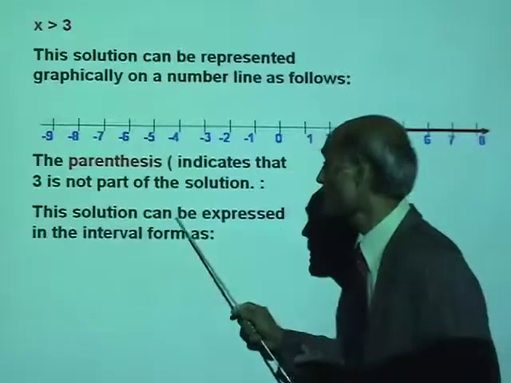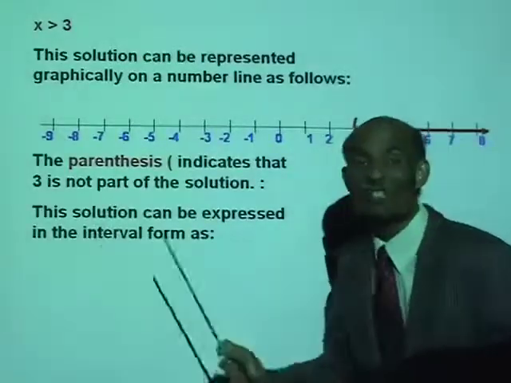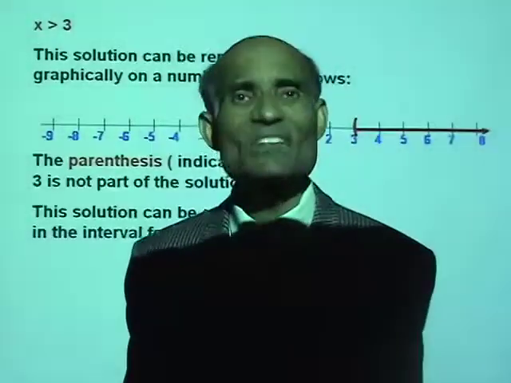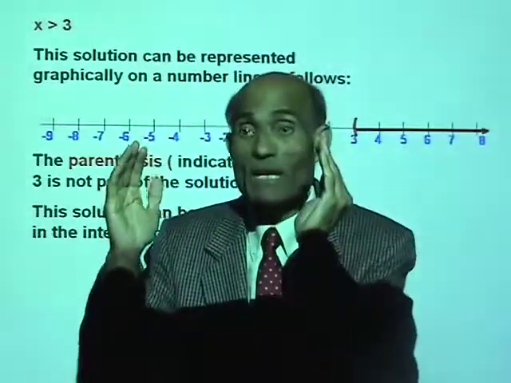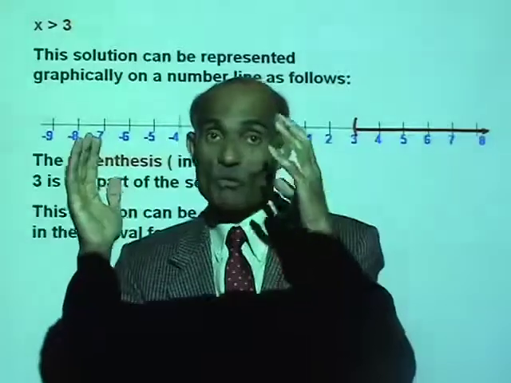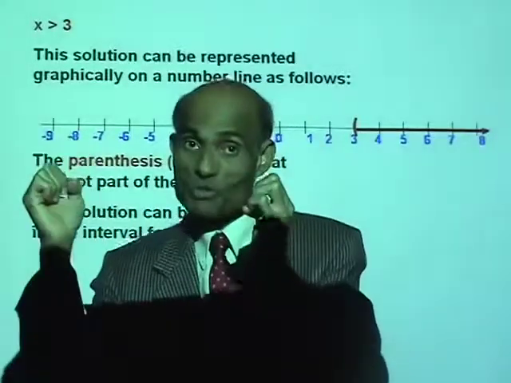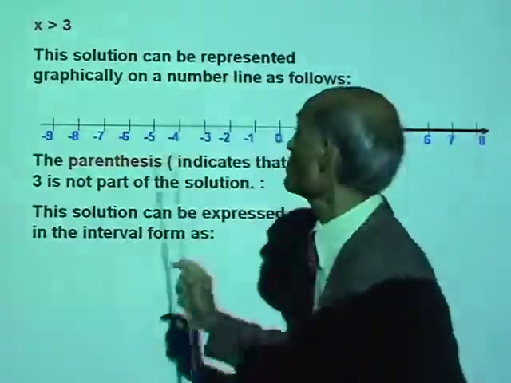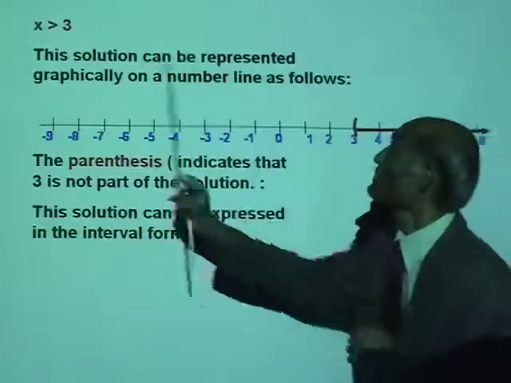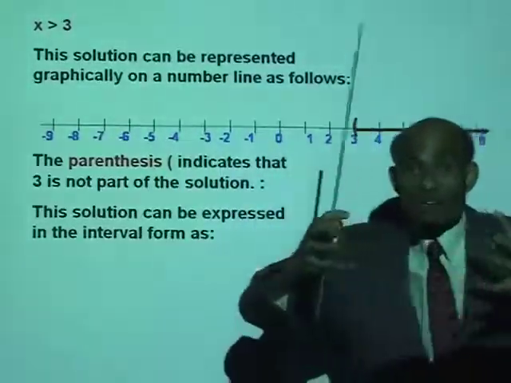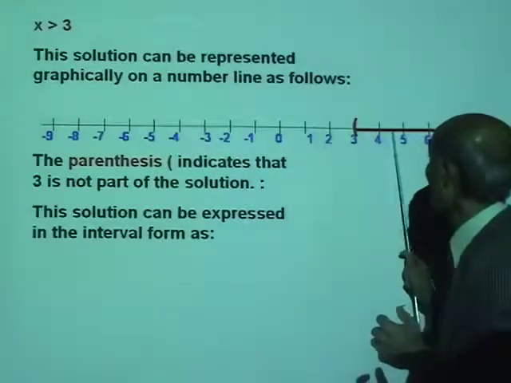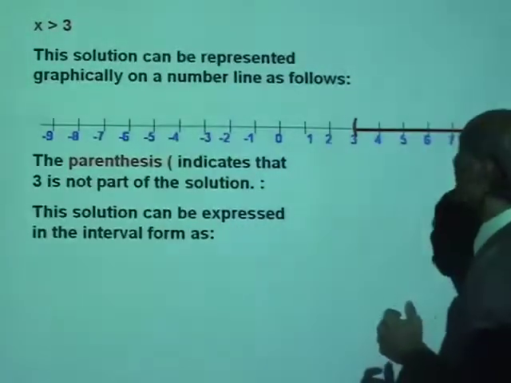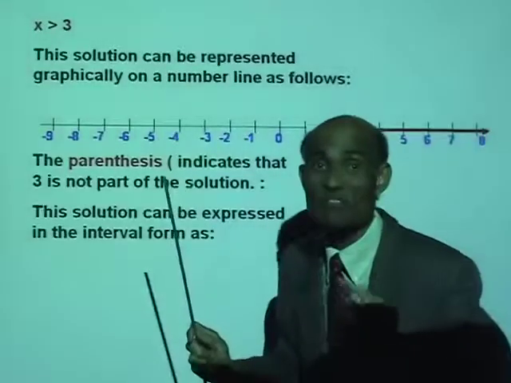Now, this solution can be expressed as an interval. What is the meaning of an interval? An interval always has a beginning and an end, from something to something else. That means this solution of this inequality is actually an interval of numbers. It has a beginning and it goes all the way to positive infinity.